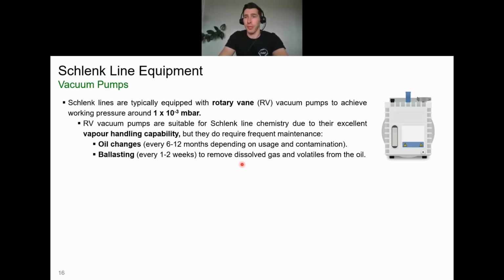The problem with this common pump is that people often neglect the health of their vacuum pumps. So you really do need to keep in mind that oil changes should be every 6 to 12 months, depending on the usage and possible contamination, and also gas ballasting. Ballasting is essentially degassing the oil, so we can remove any gas or volatiles from the oil.